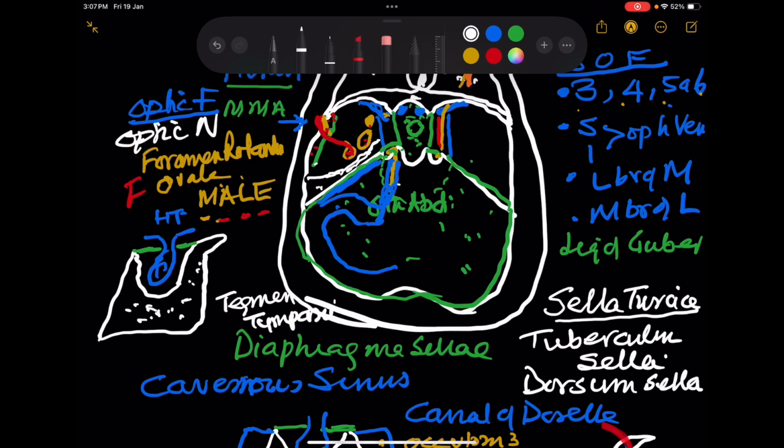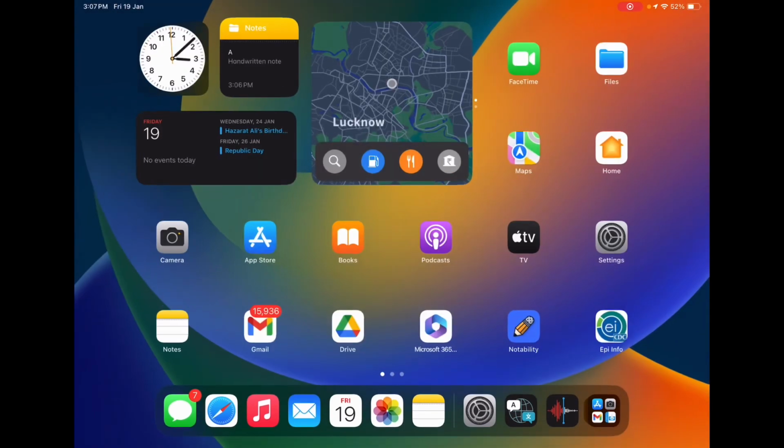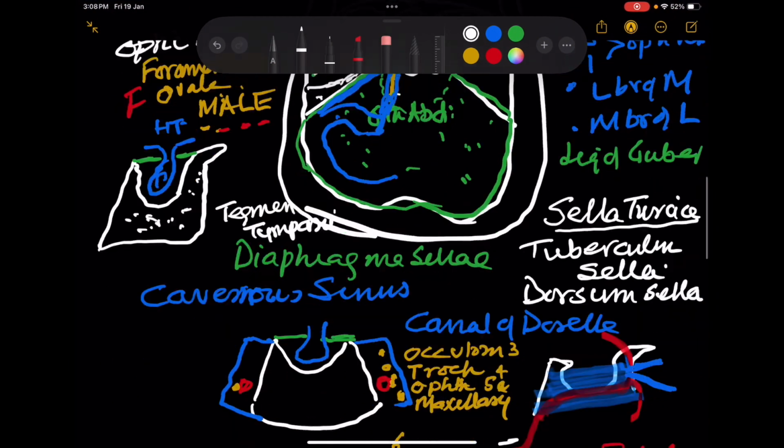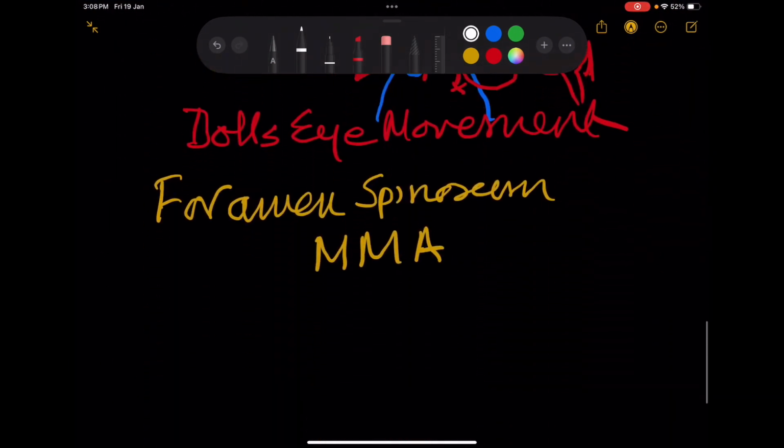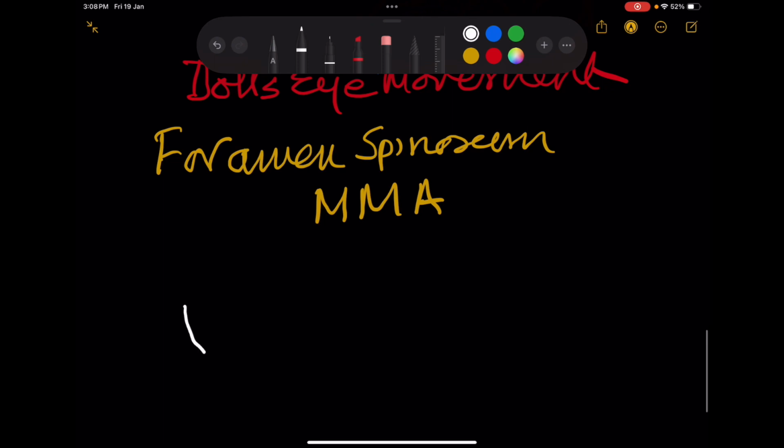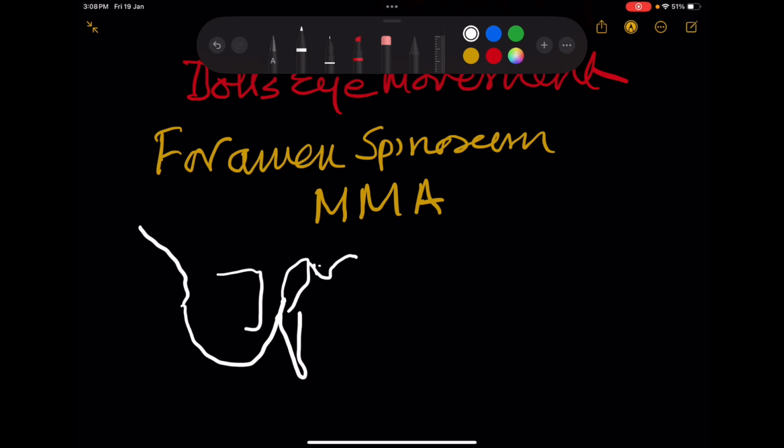The tegmen tympani separates the mastoid air cells. So here is the skull, here are the mastoid air cells, and the tegmen tympani is roofing the mastoid air cells.